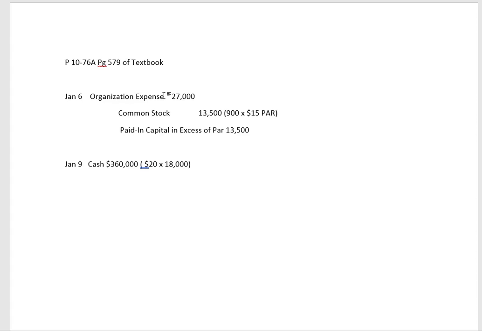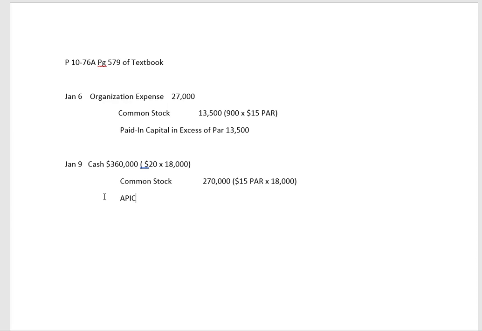Then we're going to credit the common stock that we issue. And so this is going to be a total of $270,000, right? And that's just the math of $15 par times the 18,000 shares issued. And the rest is going to go into, I'm just going to now call it additional paid in capital.